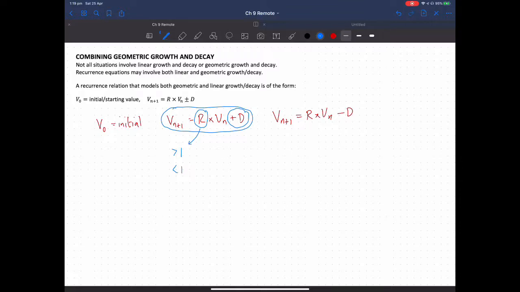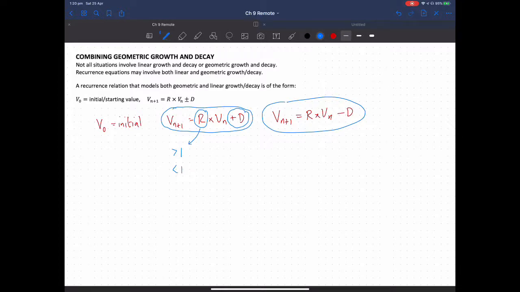Now depending on what size number we add to it, it's either going to increase or decrease. So there's going to be an interplay between those numbers. Similarly, with the second version of the formula, Vn plus 1 equals R times Vn minus D, R can be bigger than 1 or less than 1. Minus D, we're taking a constant value off.